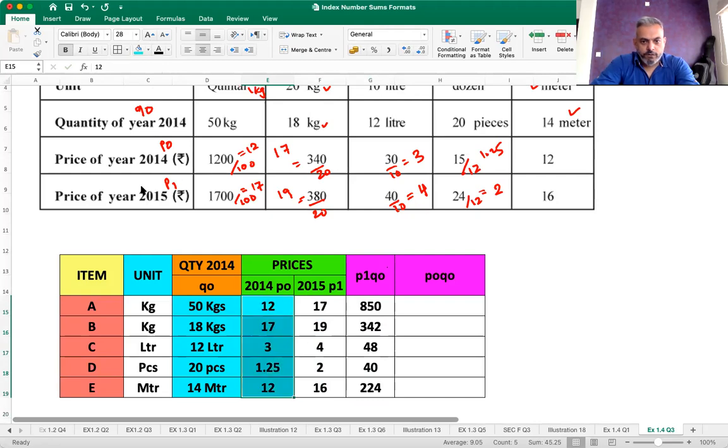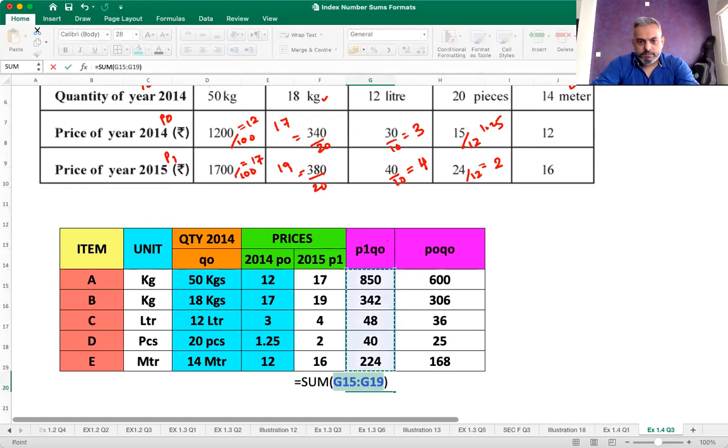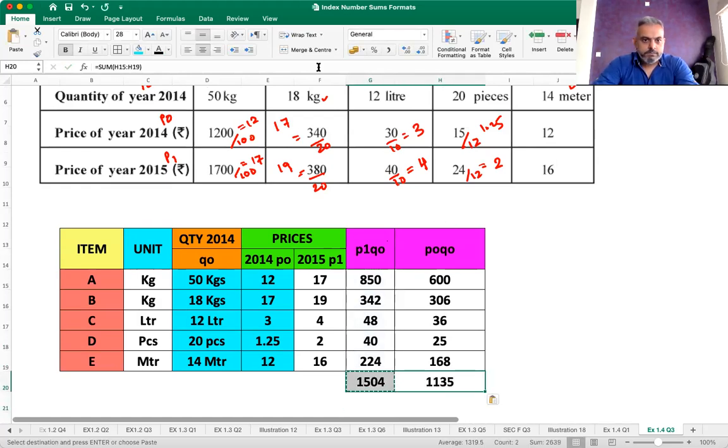So P0 into Q0. 600, 306, 36, 25, 168. Total. Check the total.